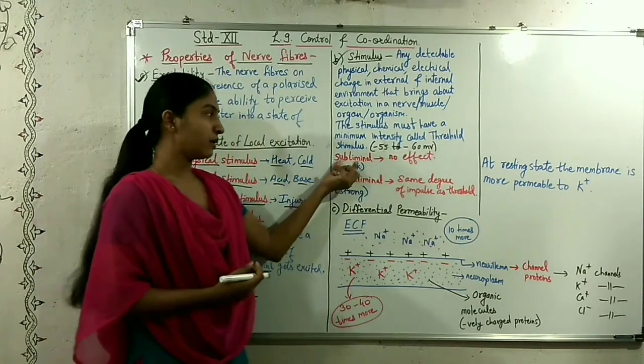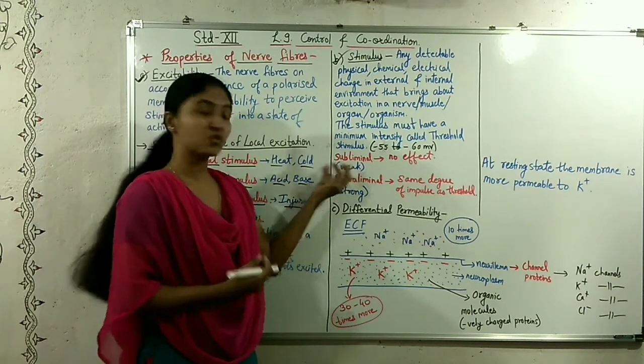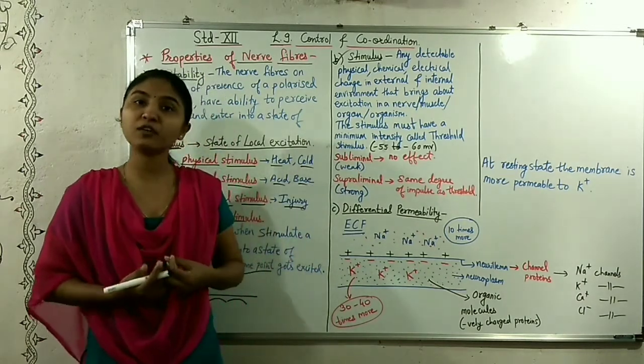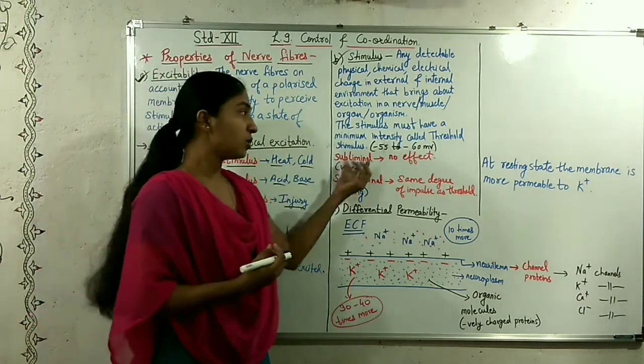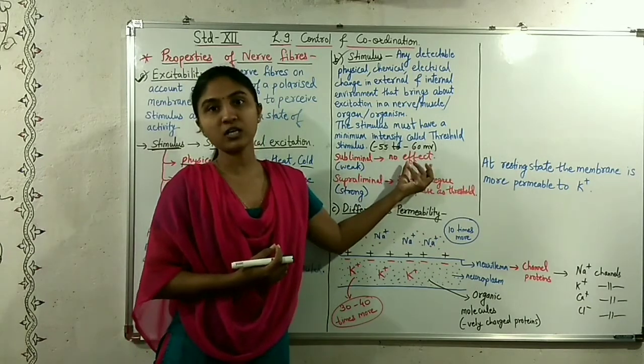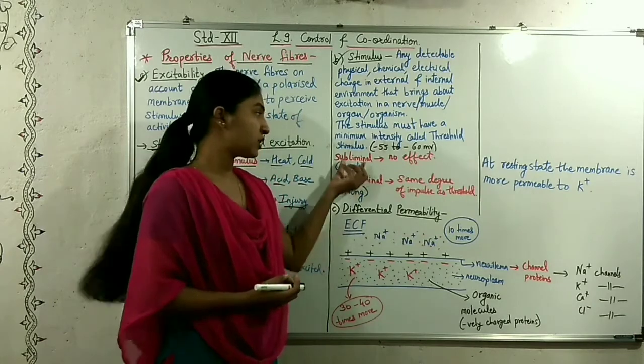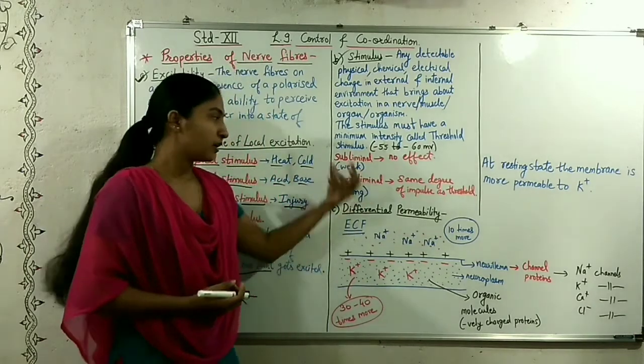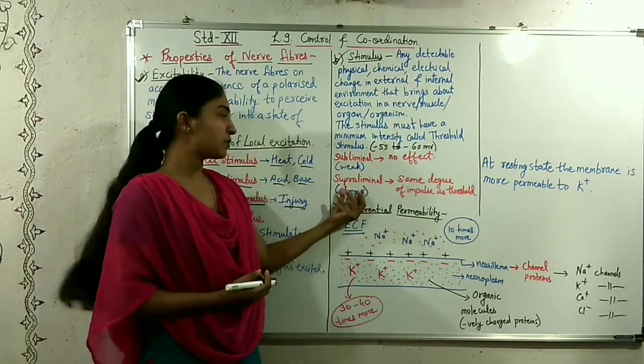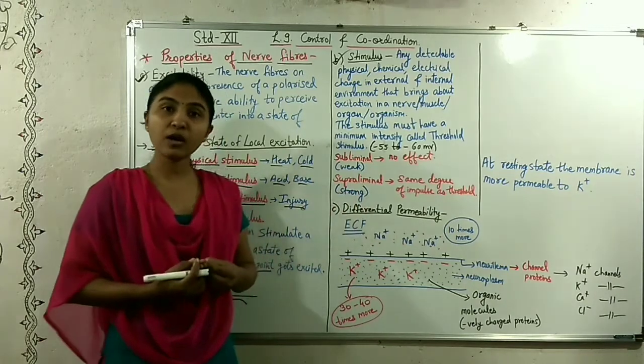Now subliminal stimulus, that is weak stimulus. If the intensity of the stimulus is weak, there will be no effect on the nerve fiber. The nerve fiber will not get stimulated if the stimulus is weak. On the other hand, if the stimulus is strong, what happens?